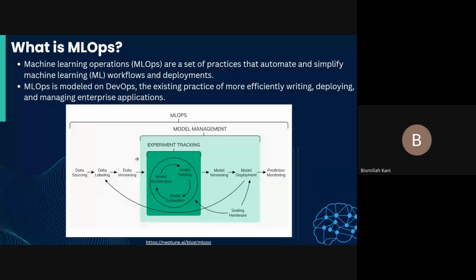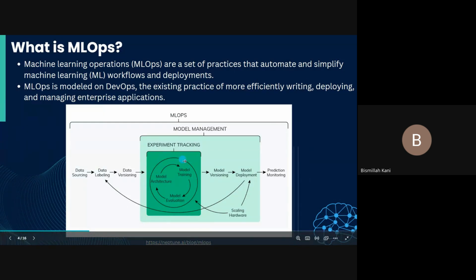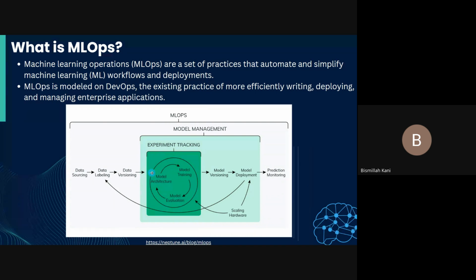Once we have the data, we need to train the model. And this is a very iterative process as shown in this diagram. It starts with the model architecture selection, and then we train that model on a particular data set. Once we train the model, we evaluate it on a particular set of evaluation metrics. Now, this is an iterative process. It is very empirical in nature.